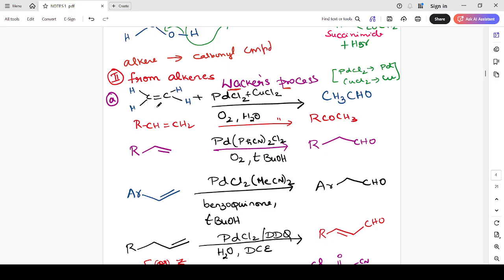The common set of reagents are oxygen, water, palladium chloride, and copper chloride. The main catalyst is palladium chloride. The co-catalyst, co means additional, supporting catalyst, is copper chloride.